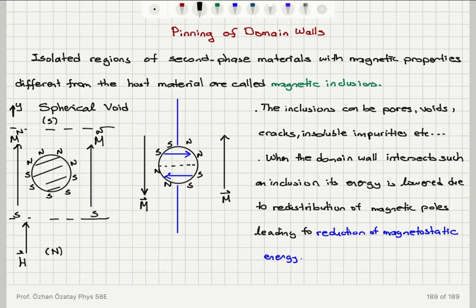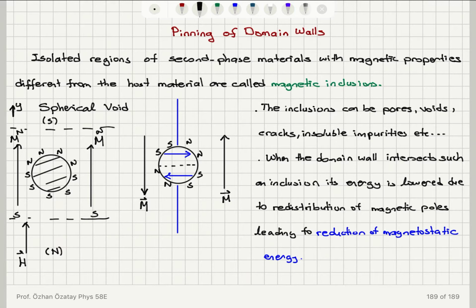And there is the spherical void in the middle, and when I have a domain wall that is going to travel inside this material, I see that if this domain wall hits this void, it's going to basically cause the south pole and north pole redistribution here.